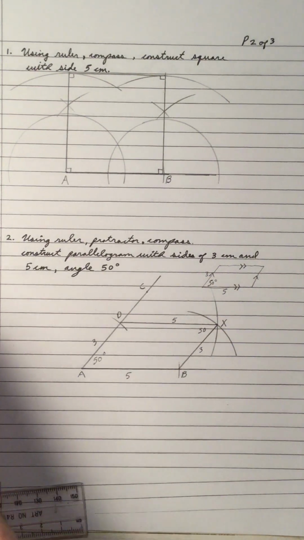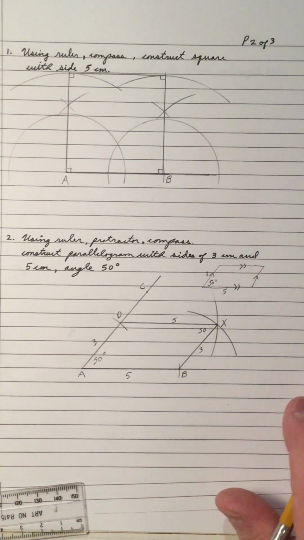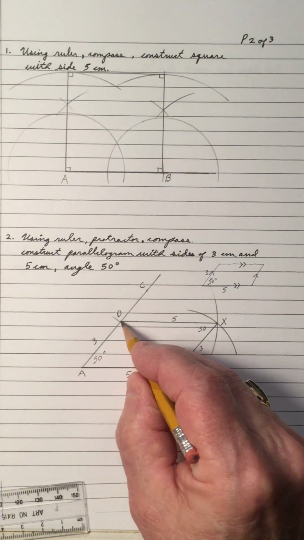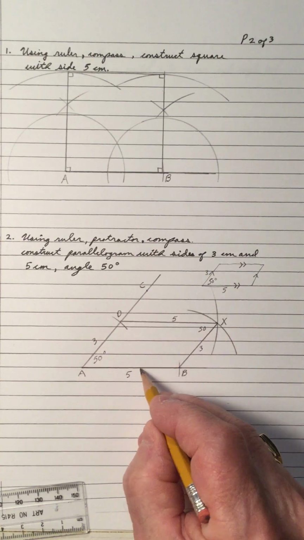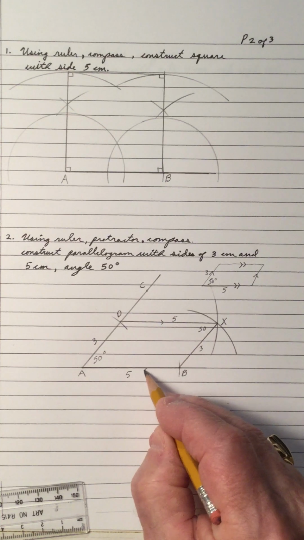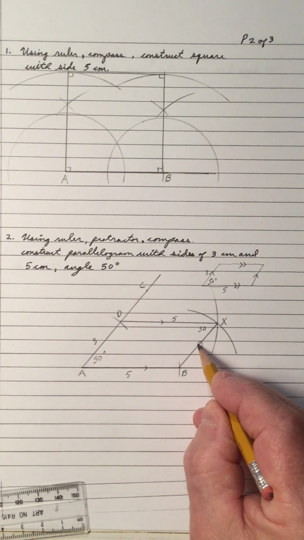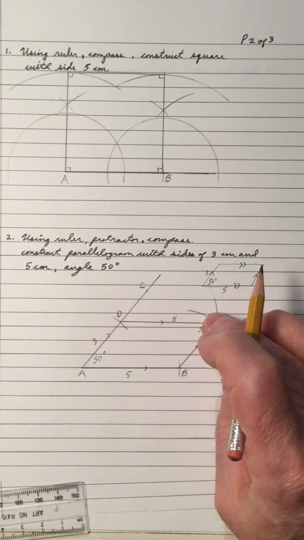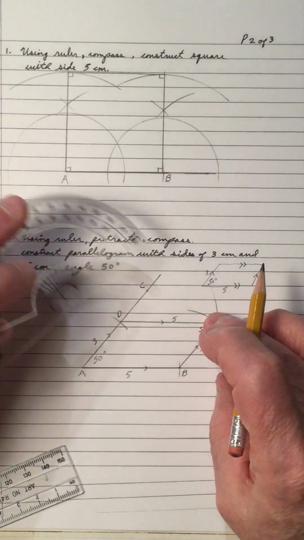And just to check that, in a parallelogram, these are parallel lines, so this line is parallel to this one, and this line is parallel to this one. So I'm going to check to see if this is a 50-degree angle.